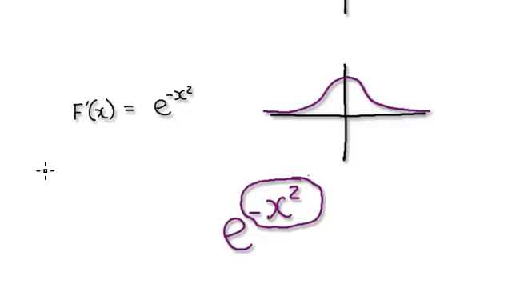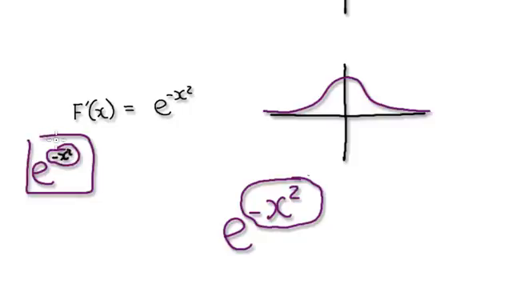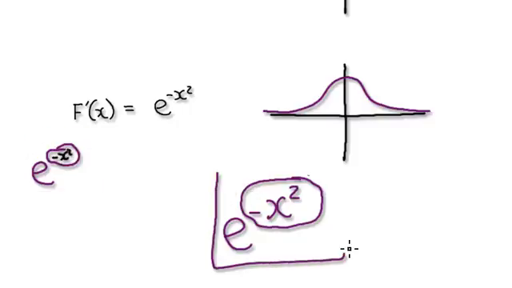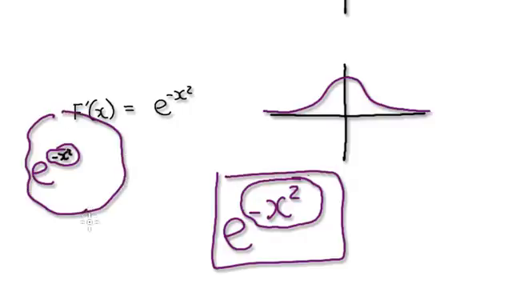So our first guess would be e to the power of this bubble, but this bubble is really negative x squared. Okay, so this would be our guess. Remember, we are looking for something such that when you differentiate it, it will give you this. So our initial guess would be this.